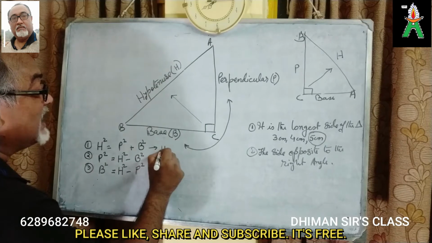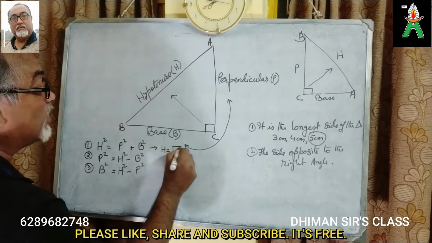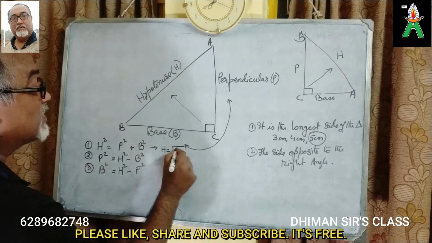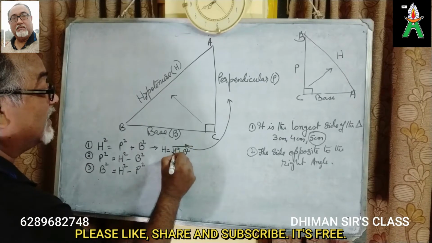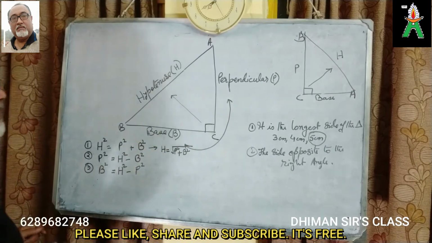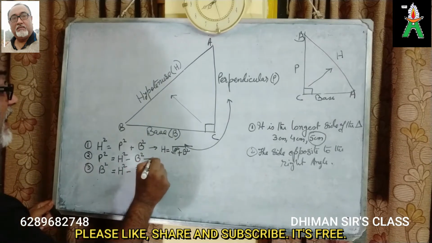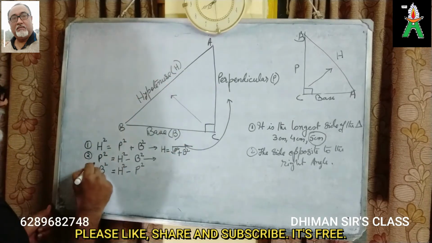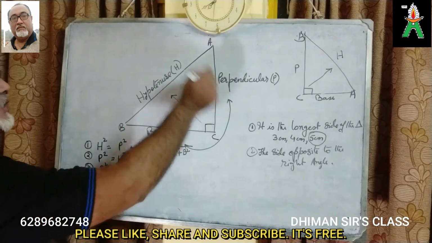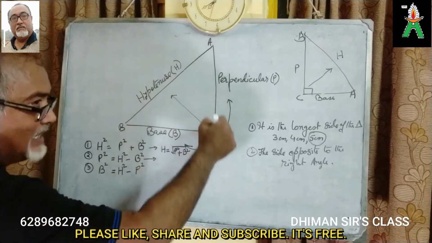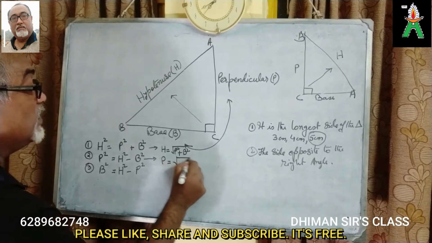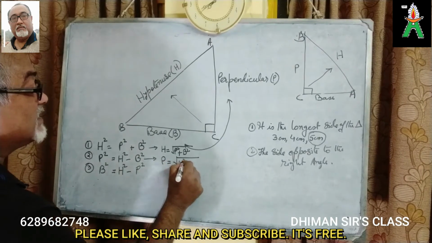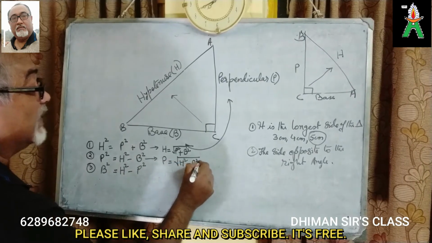So in that case, h is equal to root over p square plus b square. Similarly, instead of finding the perpendicular square, we need to find only the length of AC, means only the length of the perpendicular. Then p is equal to root over h square minus b square.